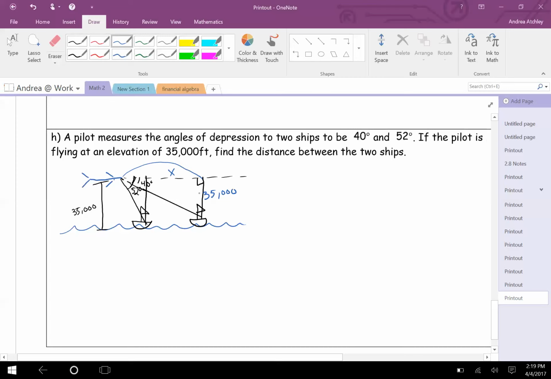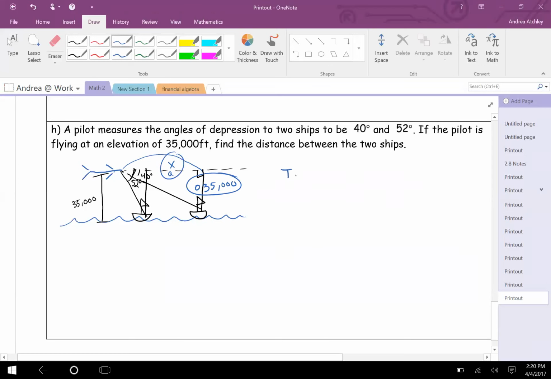So this is my opposite side from my angle, and this is my adjacent side from my angle. So class, what trig function are we going to use? Tangent. Opposite and adjacent.